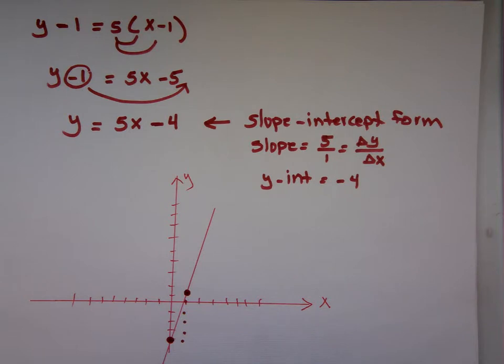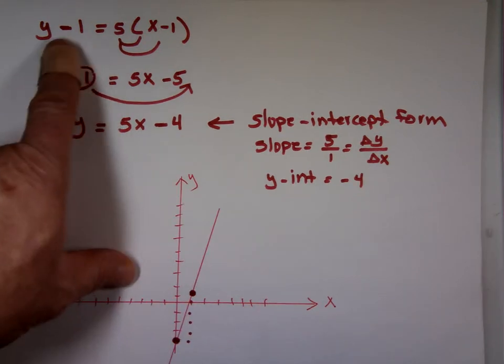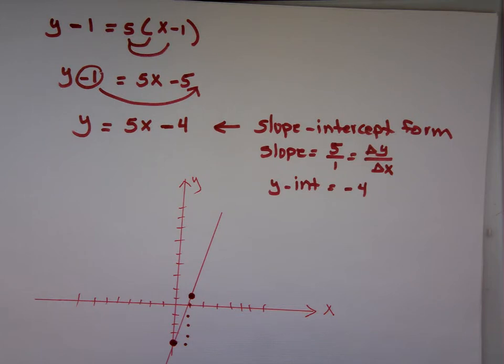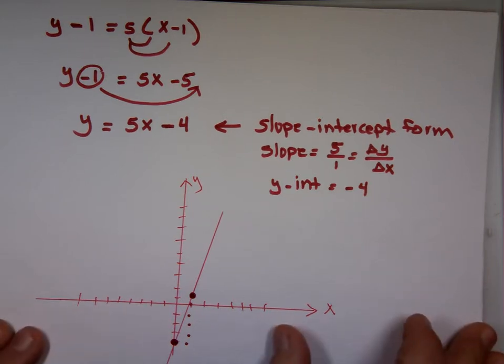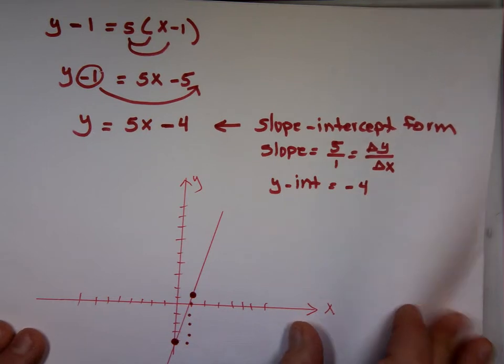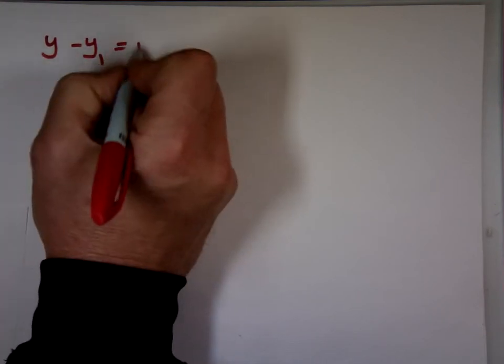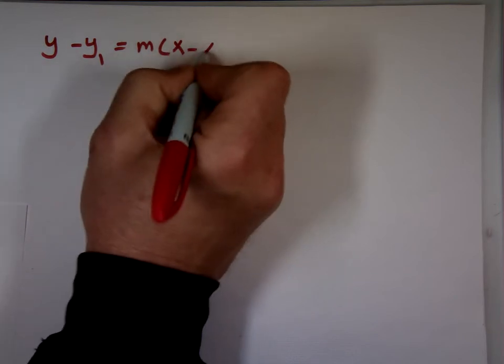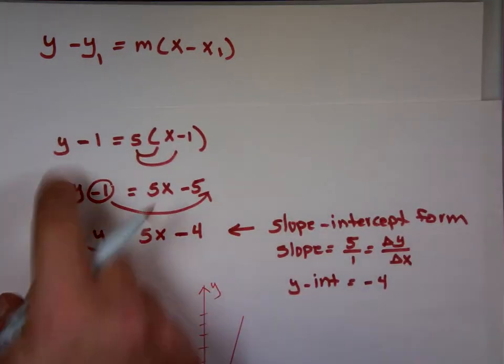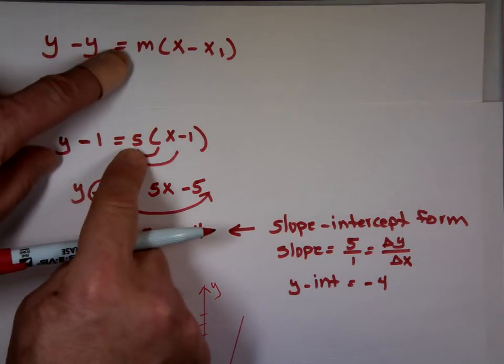I put this equation in a funny look there. That look actually is called the point slope, not the slope intercept, the point slope. What does that mean, the point slope? Sometimes the equation is written like this: y minus y sub 1 equals m times x minus x sub 1. And that's really what we have. y minus y sub 1 equals some number times x minus some number.